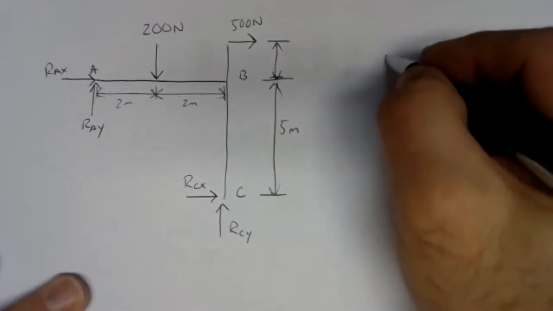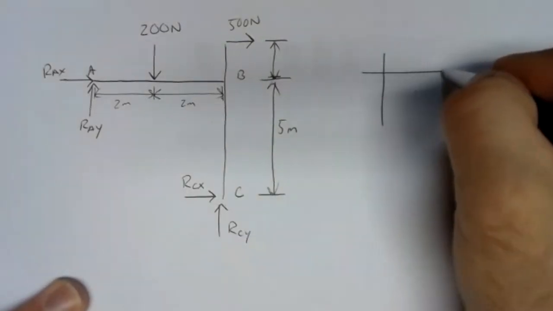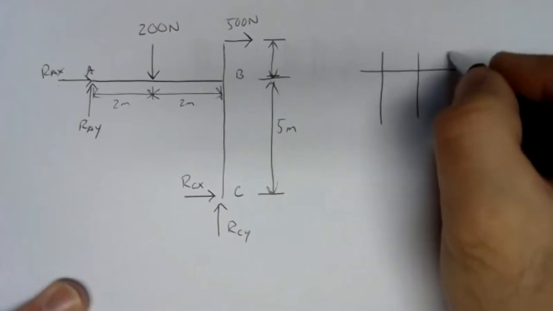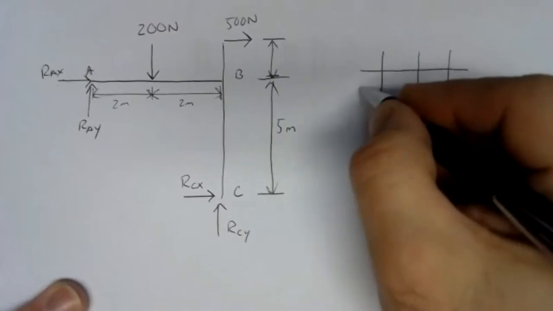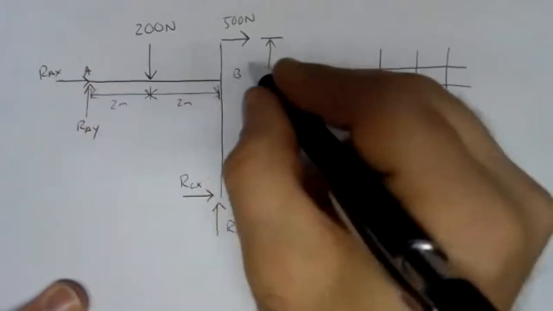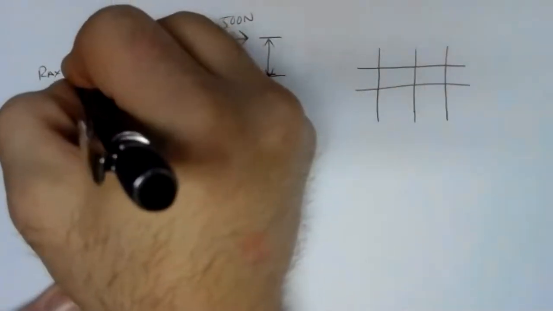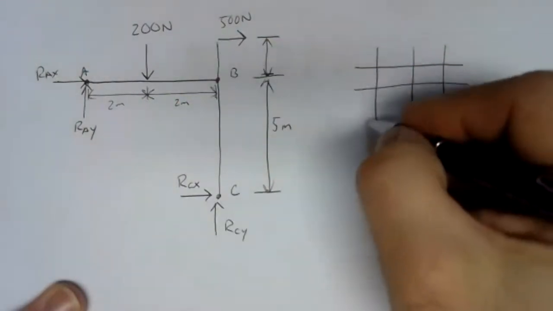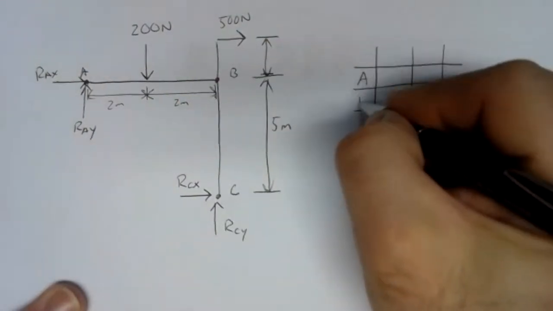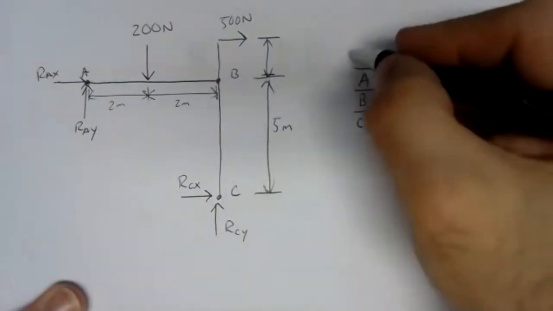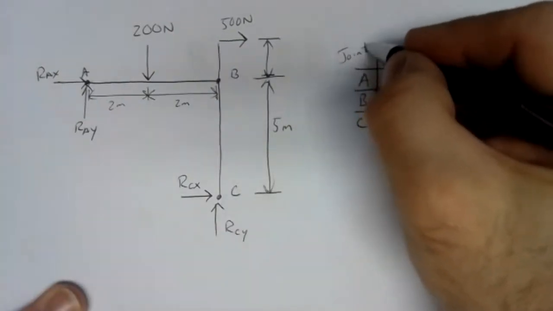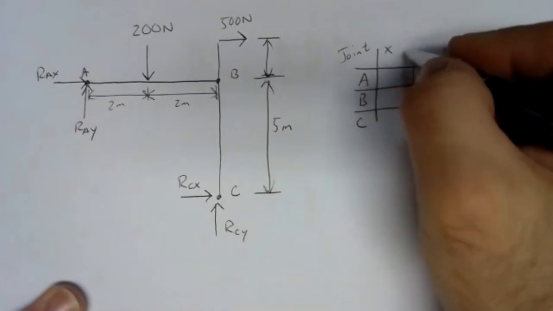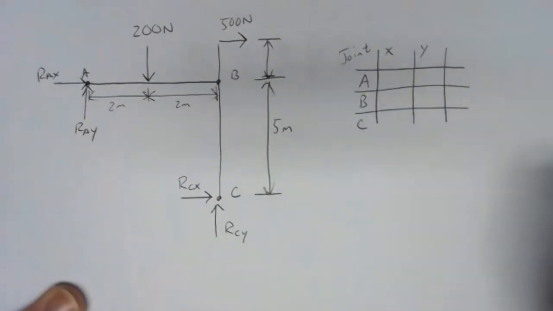Now, what we want to build as we are analyzing this frame is a table with 3 columns in it and as many rows as we need for the number of joints that we've got. And we've got 3 joints here. We've got joint A, joint C, and joint B. So we'll label those A, B, and C. That'll be our joint or our pin. We're going to want the X force and the Y force on each of those.